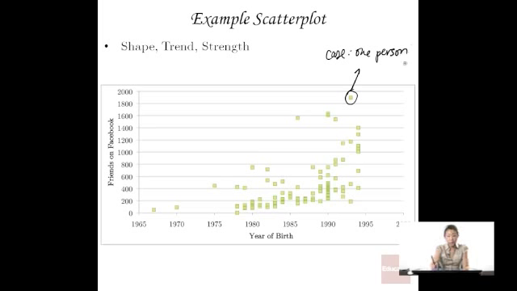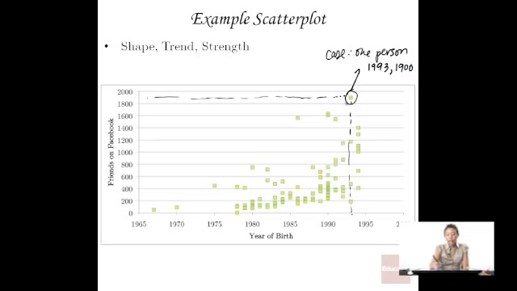And this means that this one person was born maybe in 1993. But they also have an inordinate number of friends. So they have something like 1,900 friends, right? So that's what these scatter plots mean.